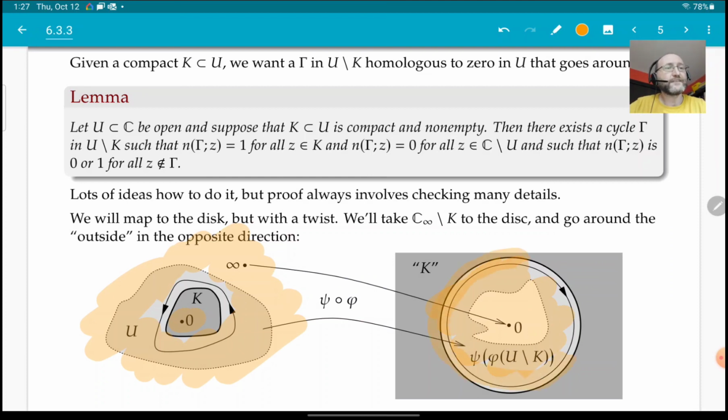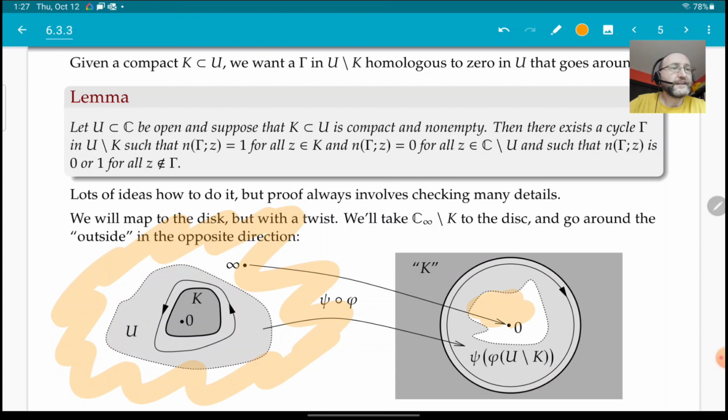So if you take it to the inside of the disk, like over here, nicely color it in, then you can go around. So where does the outside of U go? It goes into a compact subset of the disk now.